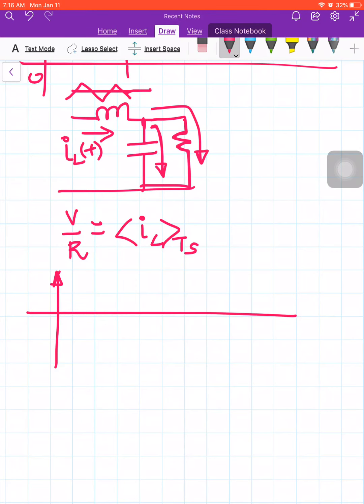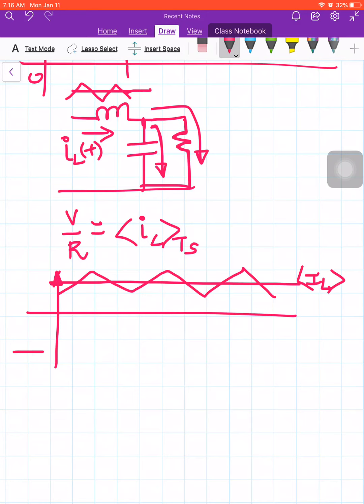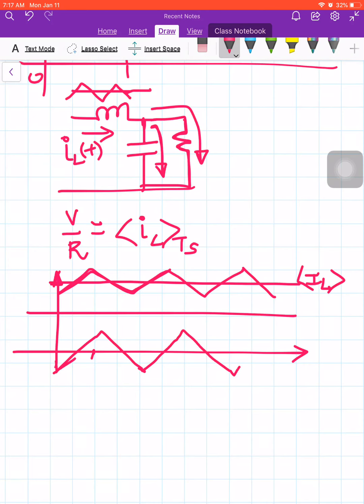So the current that is passing into the inductor is this, and this is my averaged value. When I subtract the average from the actual current, I end up with a ripple current just like this, right?